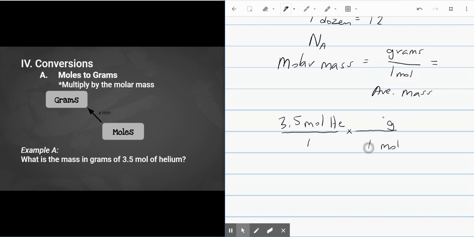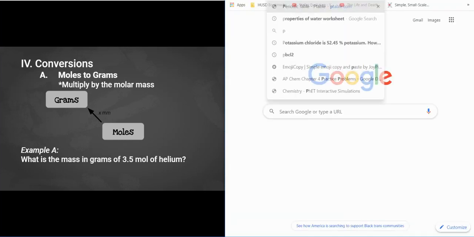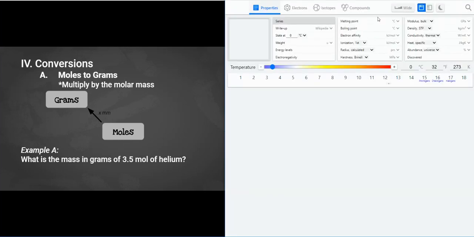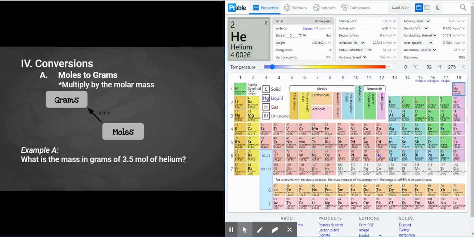And 1 mole of He on the periodic table has a mass of 4.0026, and we're going to round it right here to the hundredths place. The 2 is less than 5, so it drops, so it's just 4.00.